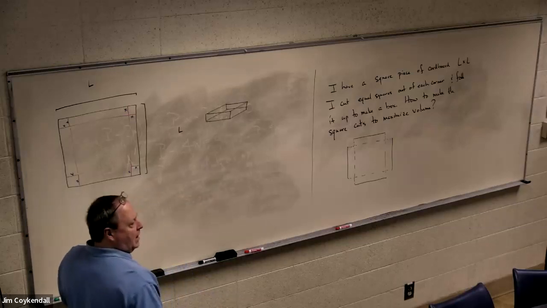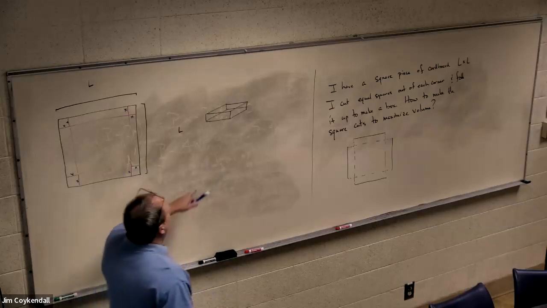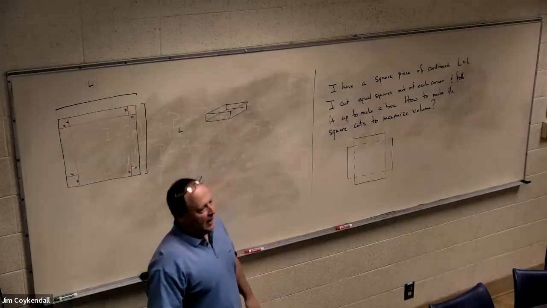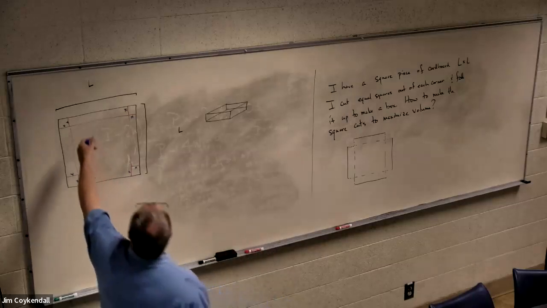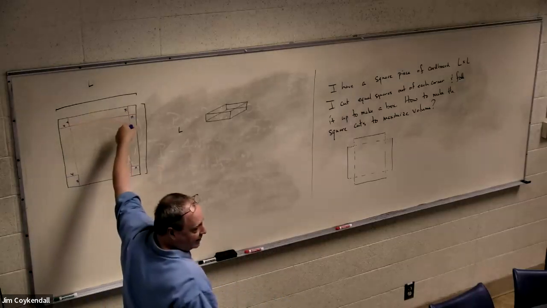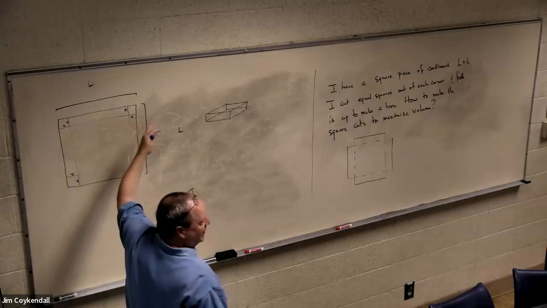What's the volume of the box? Okay, so how tall is this box when I fold those little slats up? What's the height of the box? Right, so the height, when I fold these slats up, will be X. Everybody agree with that? What else do I need to know?